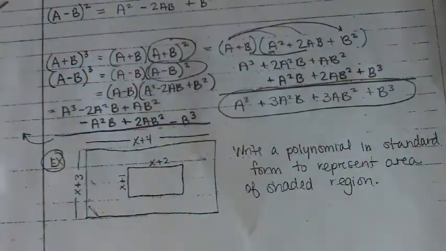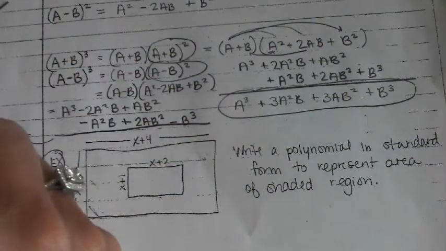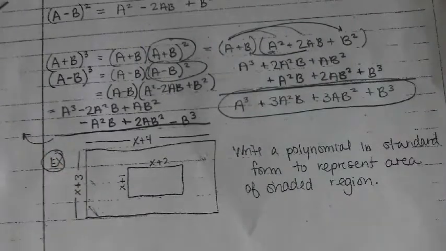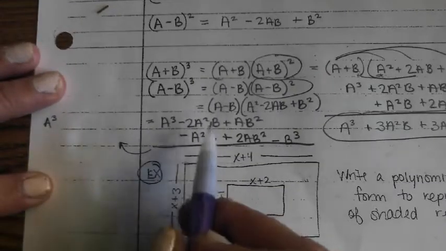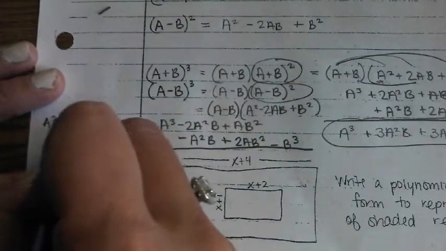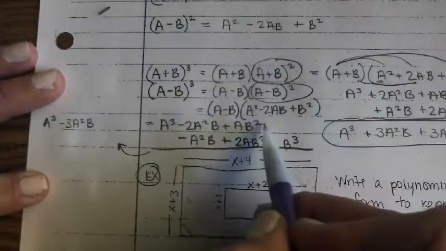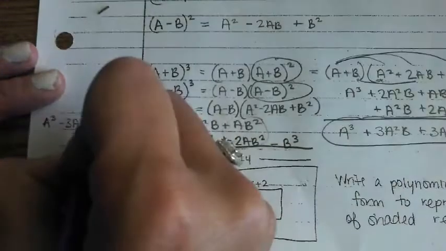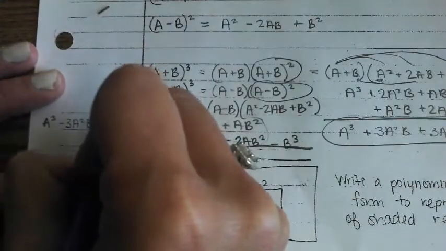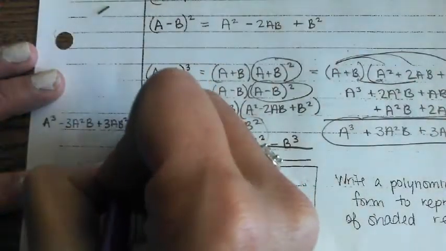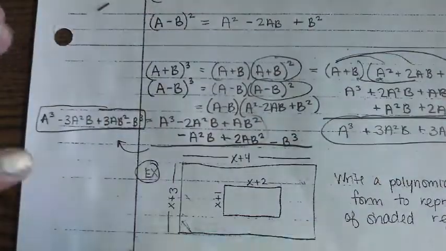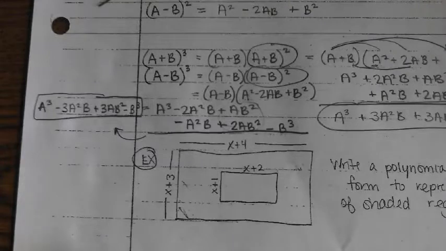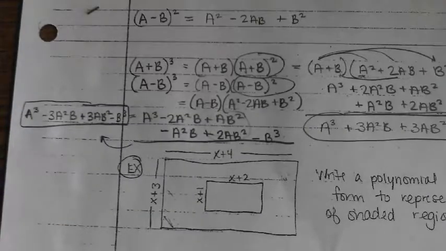So that's going to be a cubed minus 3 of these plus 3 of these and then minus b cubed. Probably, that's definitely not what I would have guessed.